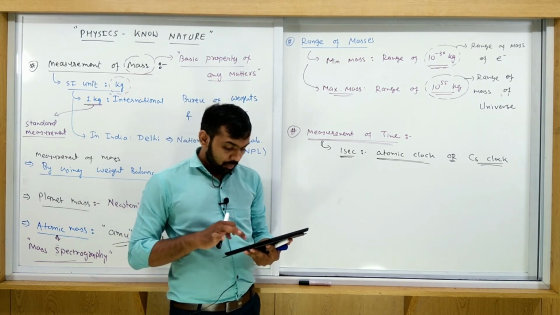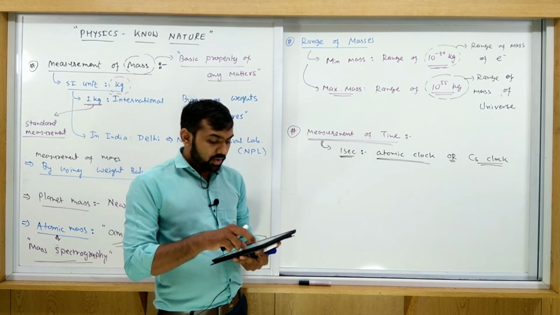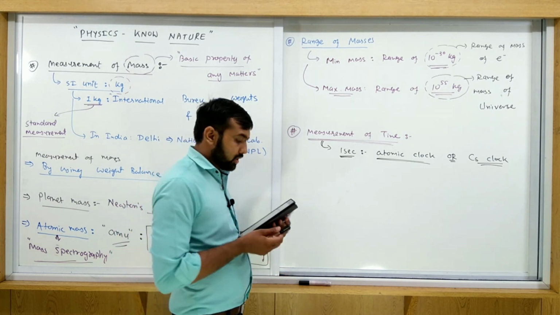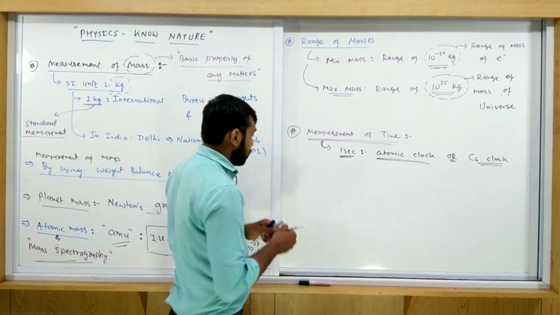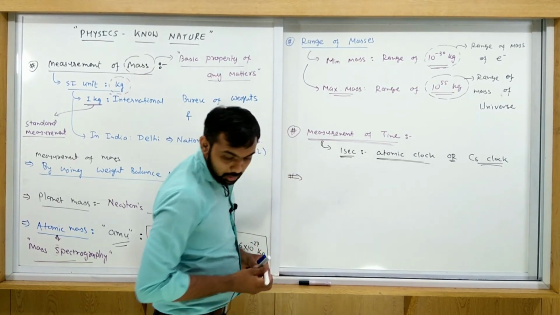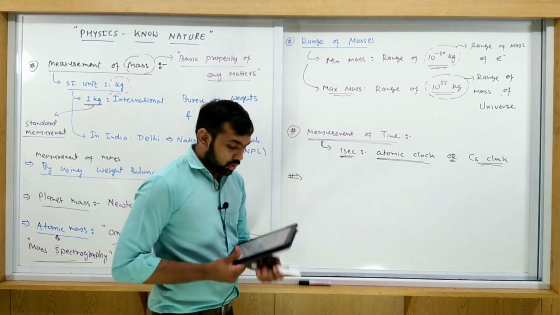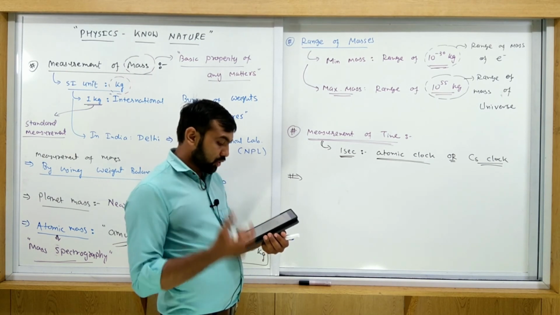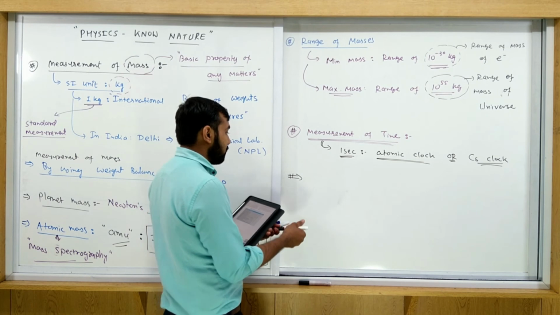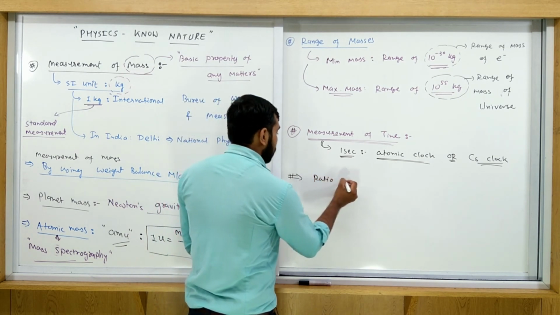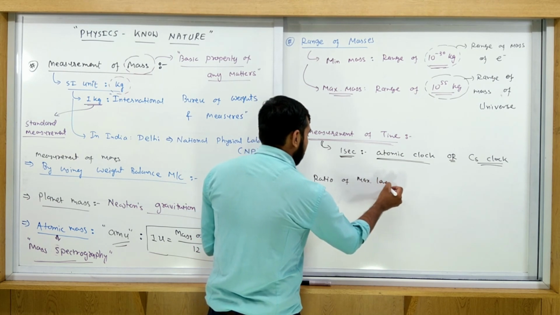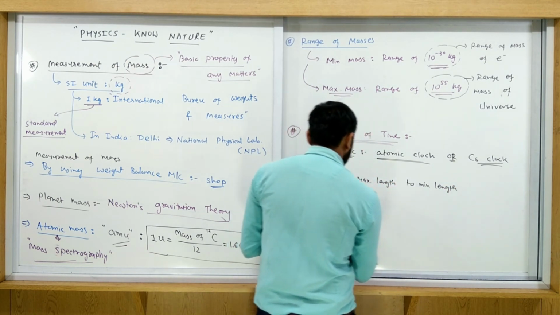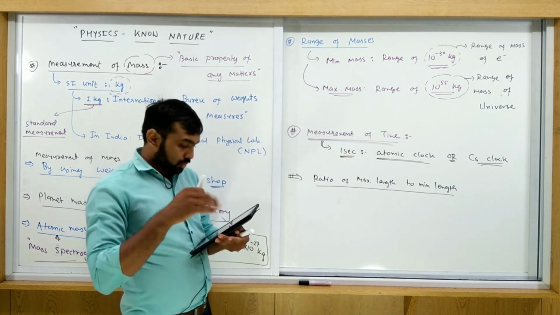There is one interesting thing given in our textbook. All of you see Table number 2.3. Size of proton upon size of universe: find the ratio of maximum length to minimum length from Table 2.3.